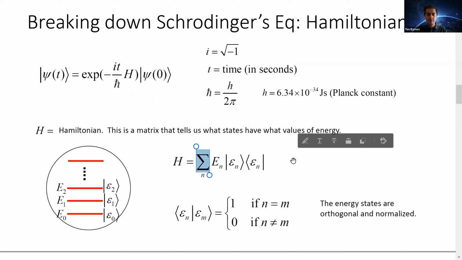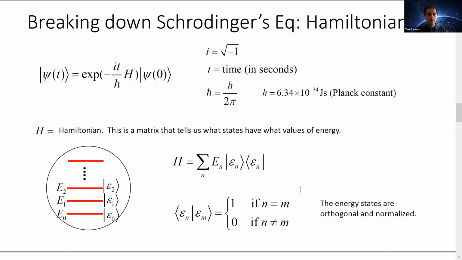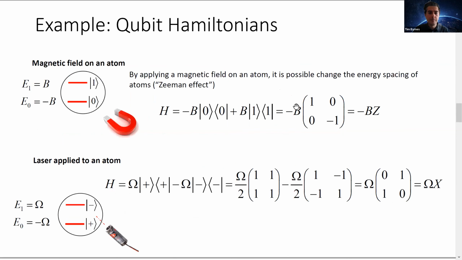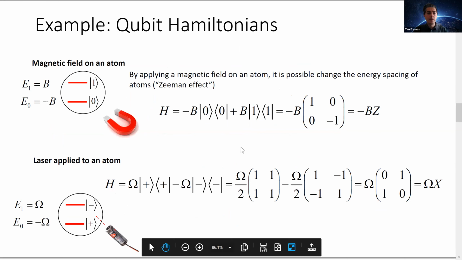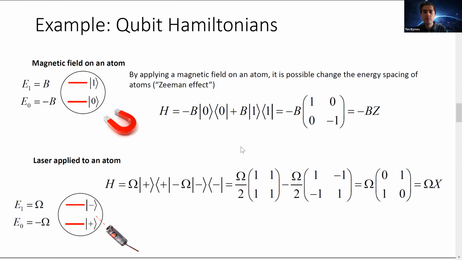So let's see if I can give you a couple of examples. Here are a couple of examples for qubits. If you ever do physics, which I know not all of you are physics majors, there is a particular effect where if you apply a magnetic field to an atom, then the energy levels change.